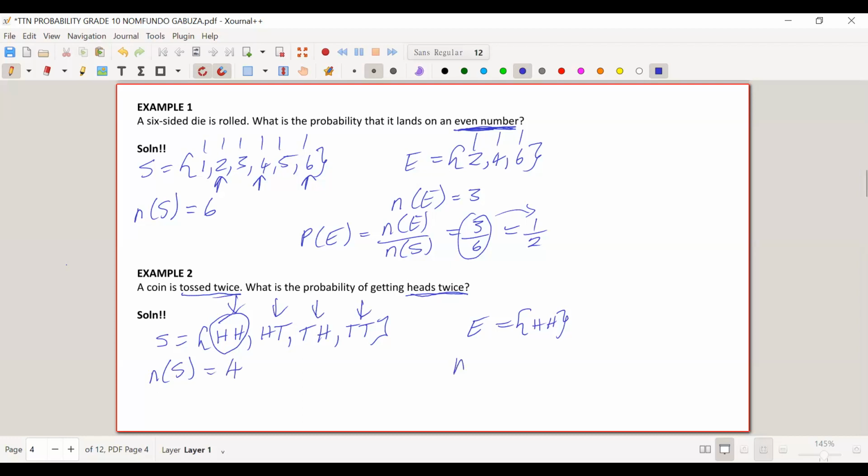Then the size of this event is going to be 1. Then we can use the formula. The probability of getting heads twice is the size of the event over the size of the sample space, which means you can have 1/4. You can write 1/4, or you can write 0.25, or you can write 25%. It's still the same, but you must choose one.